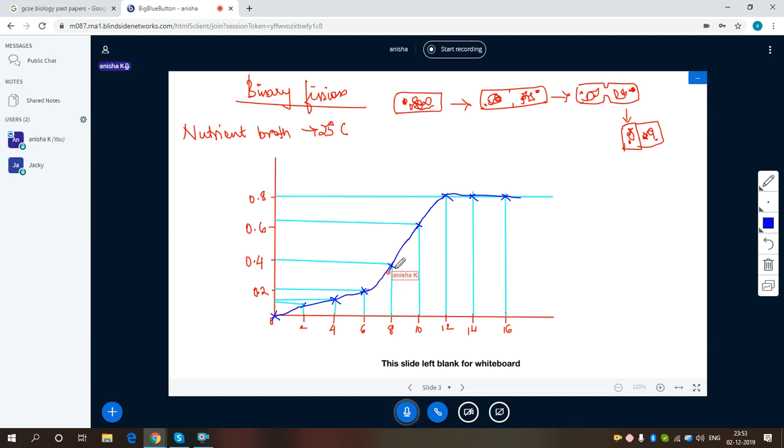Okay, so it will be somewhat like this. It will be a good curve. If you're drawing it in a book, it should be a good curve over there. Have you plotted it down?